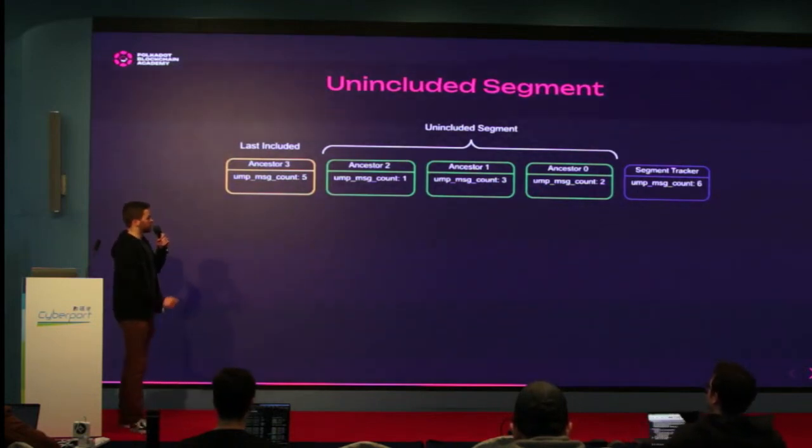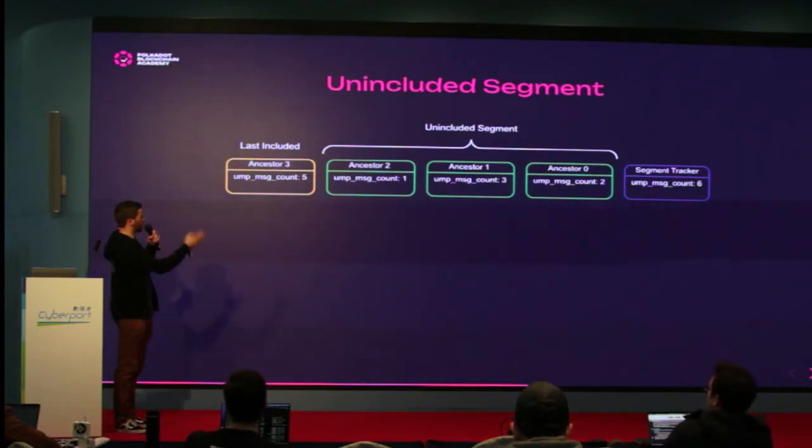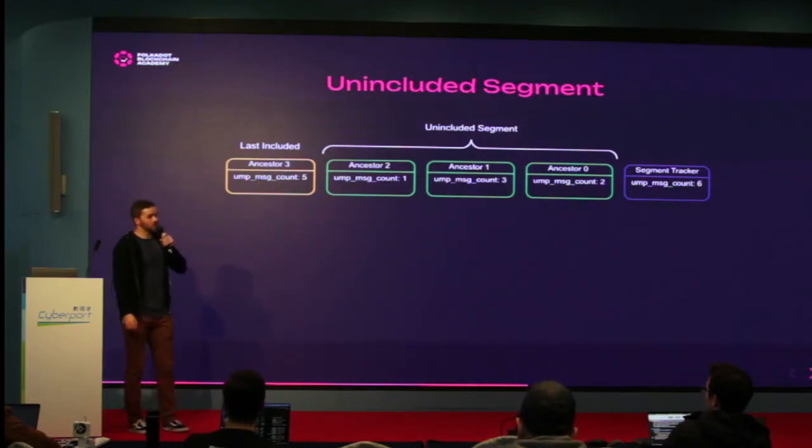So I believe that if each block in the unincluded segment descends from its ancestor, say our last included block is ancestor 3, but then ancestors 2, 1, and 0 all descend from each other in a chain, then what we get is a single parachain fork.